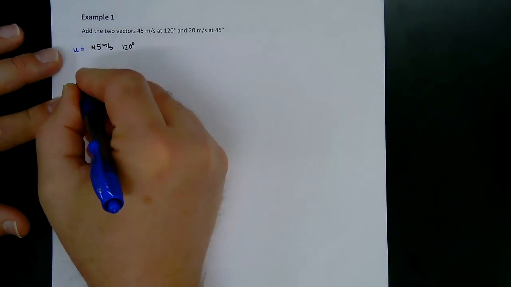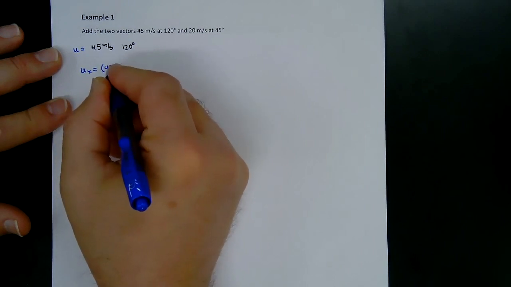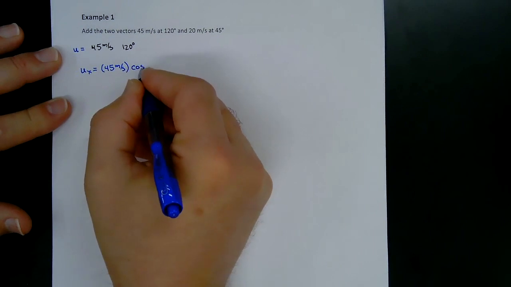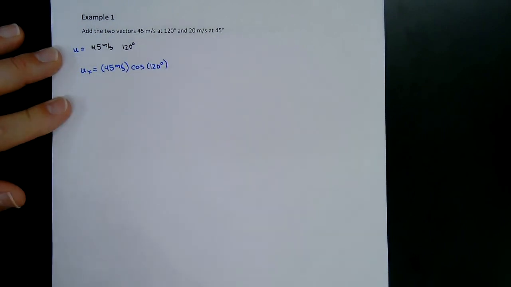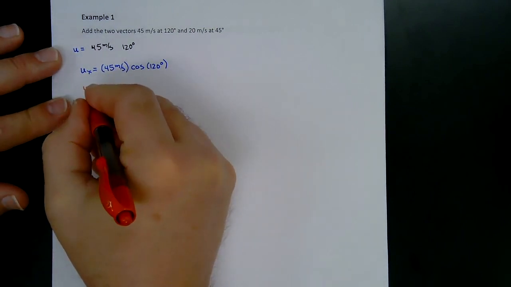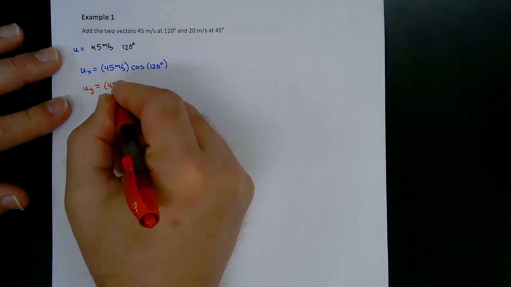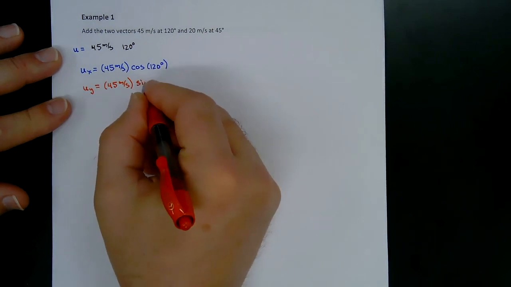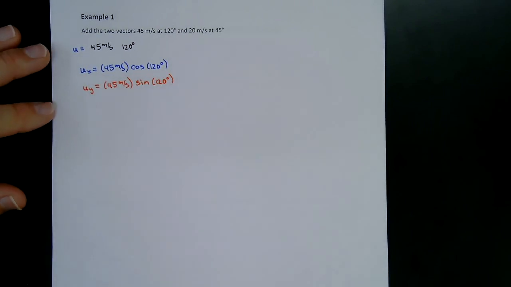Okay, and so u sub x is going to be 45 meters per second cosine of 120 degrees. And my u sub y is going to be 45 meters per second sine of 120 degrees.